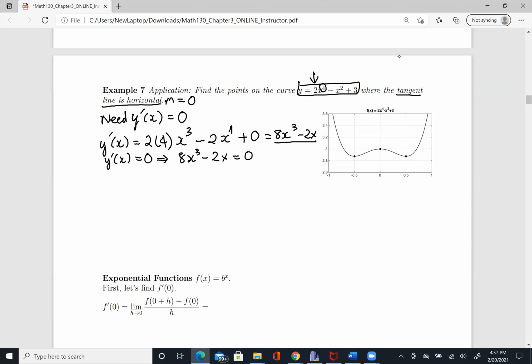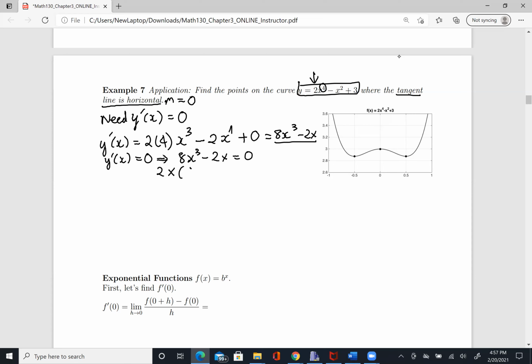Agree? How can you solve this one? You have learned about it in Math 115, or maybe Pythagoras or something like that. You should know how to use the zero factor property, and you factor this out first. Always factor x. I'm going to factor 2x.